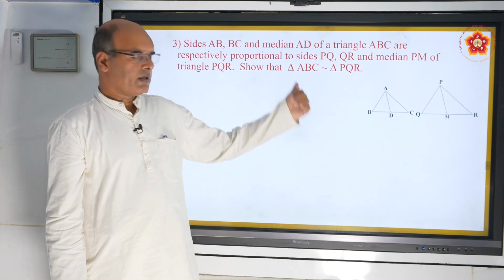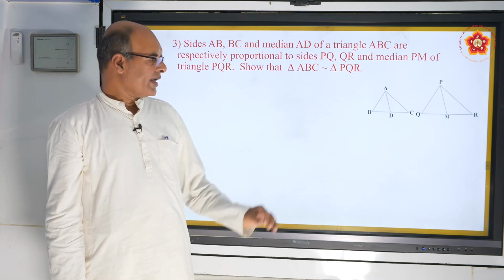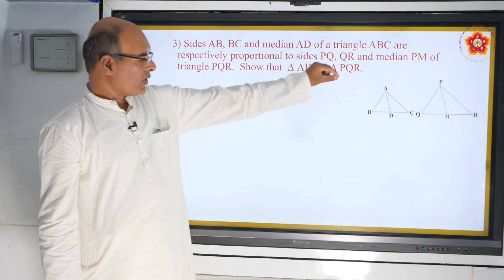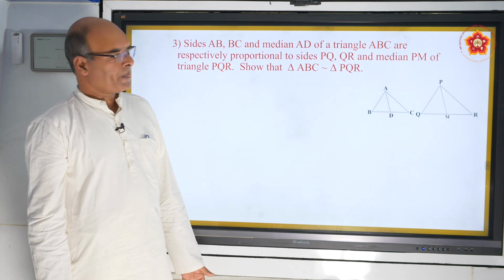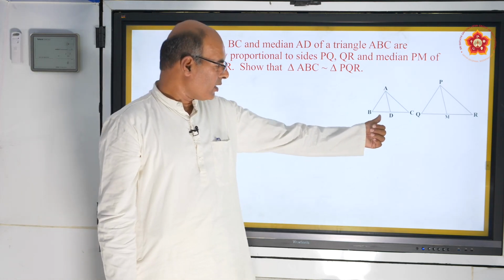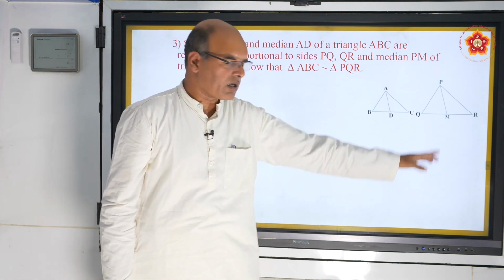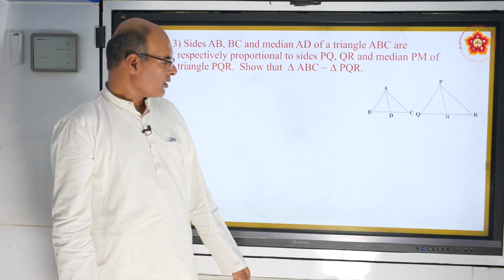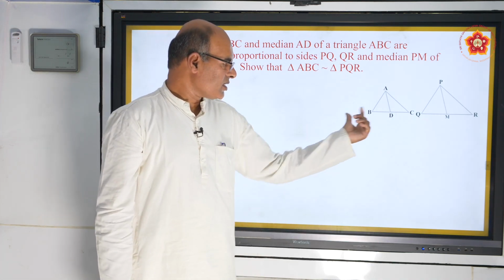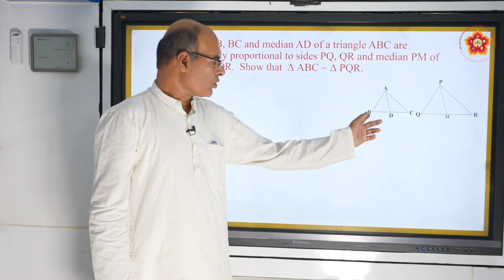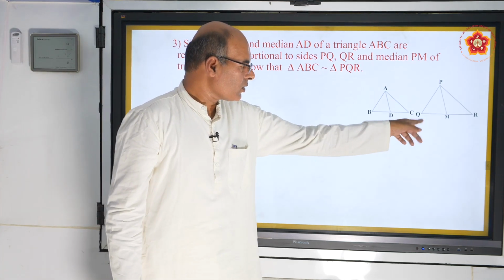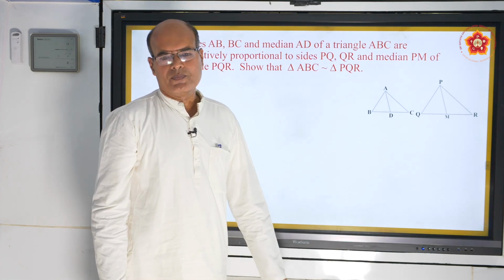What is a median? A median is the line segment which joins a vertex to the midpoint of its opposite side. That means here D is the midpoint of BC and M is the midpoint of QR. So BD is equal to DC is equal to half BC, or BC is equal to 2BD and QR is equal to 2QM.